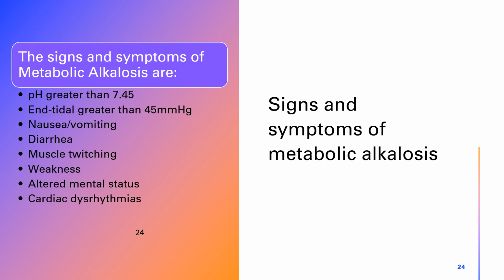The signs and symptoms of metabolic alkalosis are pH greater than 7.5, end-tidal greater than 45 millimeters mercury. They're going to have nausea, vomiting. They could have diarrhea, muscle twitching. They're going to be weak and tired. They could have altered mentation and possibly have cardiac dysrhythmias.